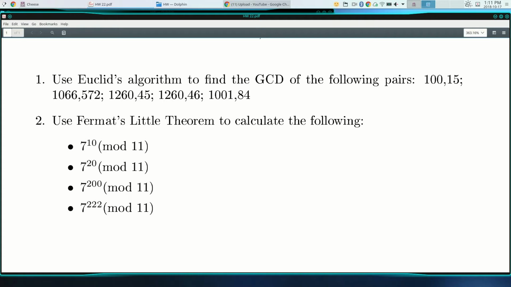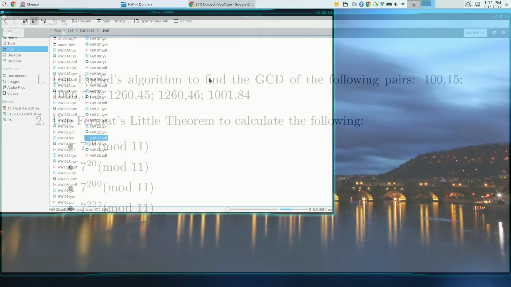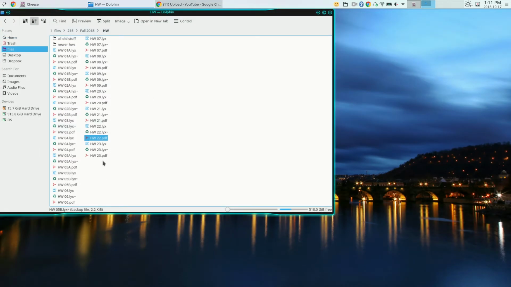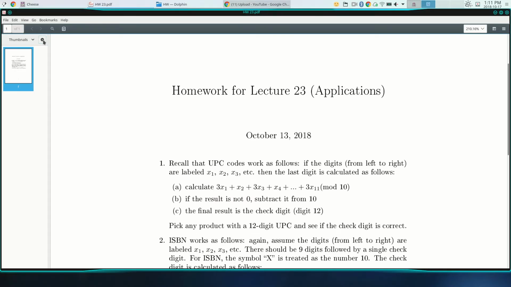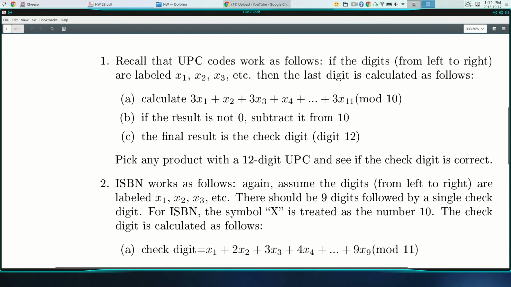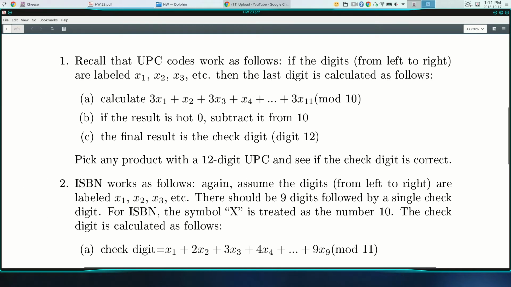So find something with a UPC on the back. We disregard that. Only up to. Do an ISBN.